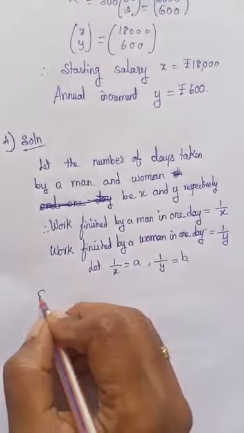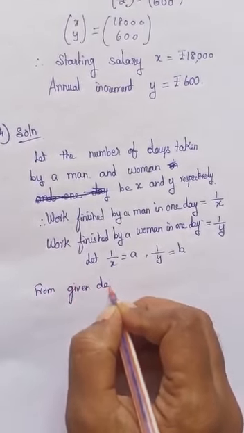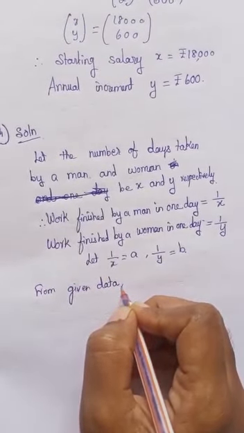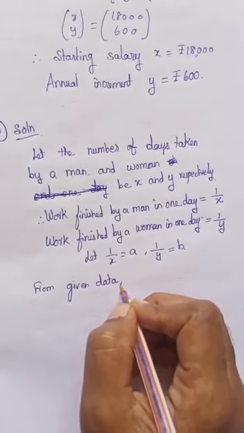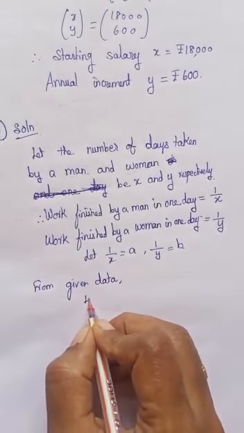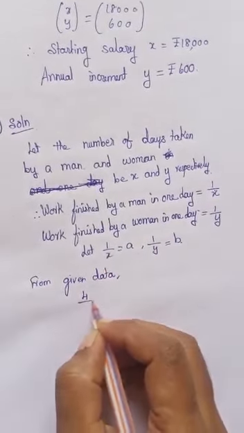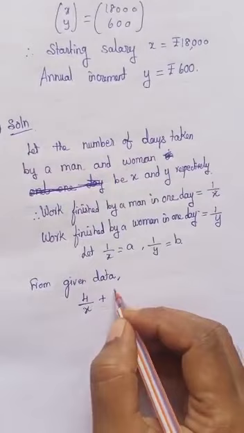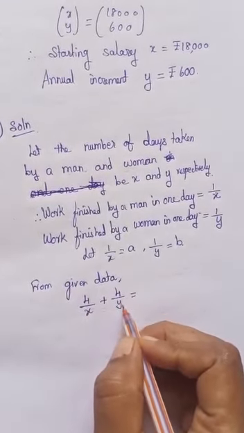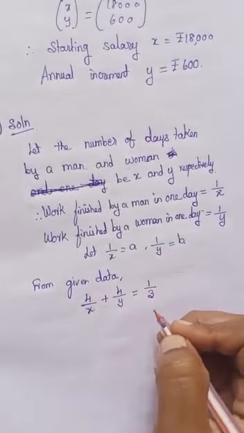Okay. So now from given data or given information, anyone you can write it. So 4 men and 4 women can complete the work in 3 days, isn't it? That was the first data. So 4 men, the men can complete the work in 1 by x. So 4 by x plus 4 by y is equal to, this is 1 day they are completing, 1 by 3.